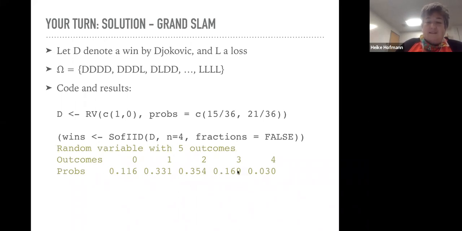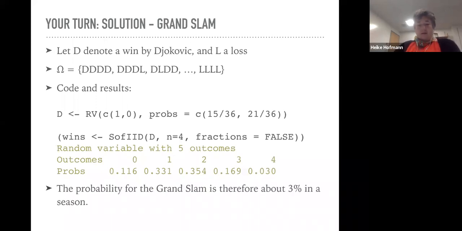And you can see here the outcome that Djokovic wins all 4 is about 3%, given his past performance in the last 10 years. So probability for the Grand Slam is about 3% based on that.